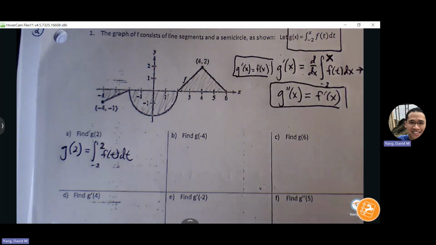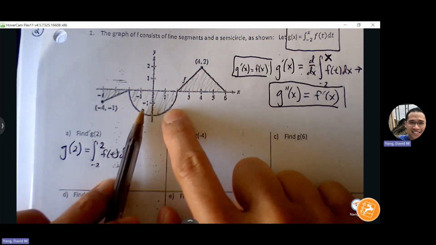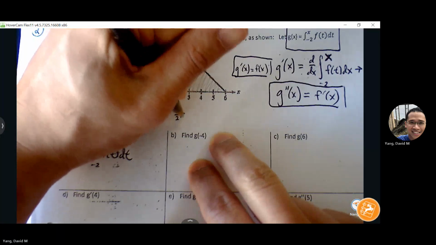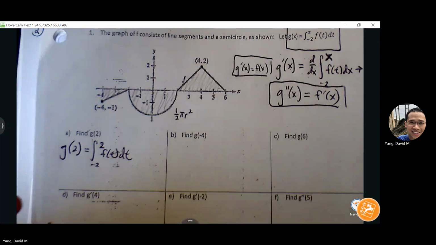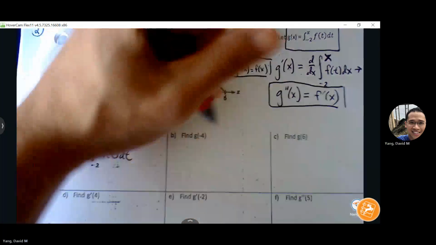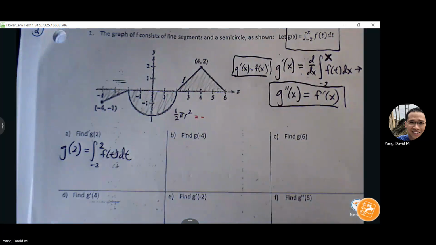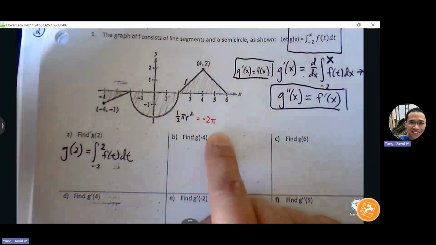So between -2 and 2, we see a semicircle here, right? So 1/2 pi r squared. What's my radius? 2. So 1/2 pi 2 squared, which ends up giving us negative 4/2 is 2 pi below the x-axis.